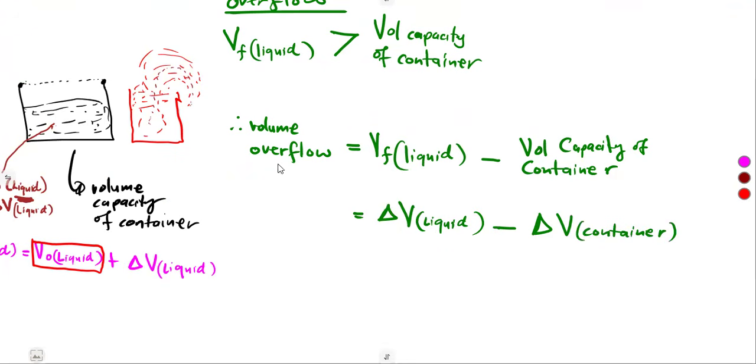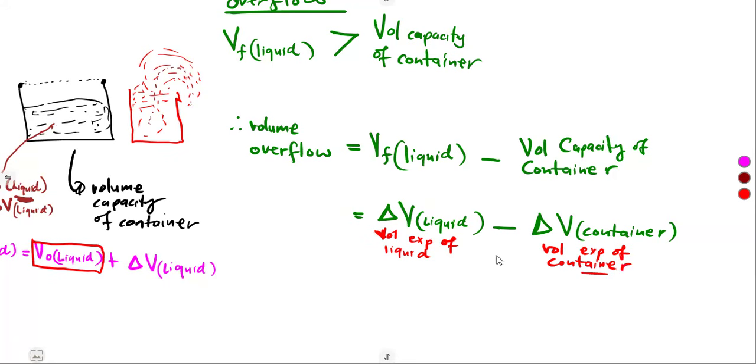These also can give us the volume change from how these two changed. So we are talking about what? Volume. Let me just write in short: volume expansion of liquid here, and the volume expansion of container.